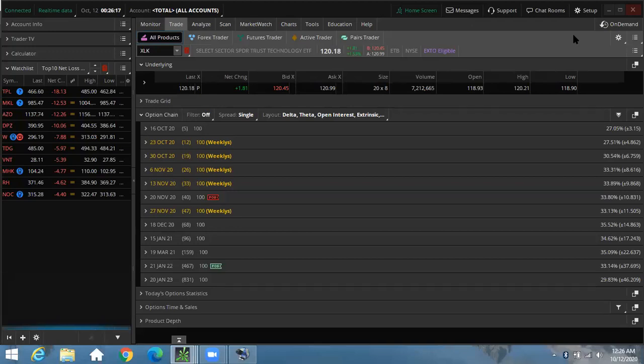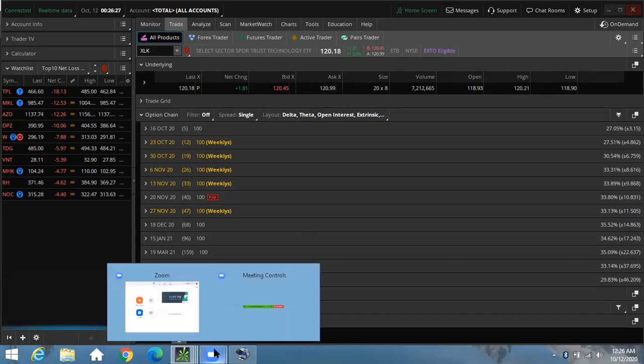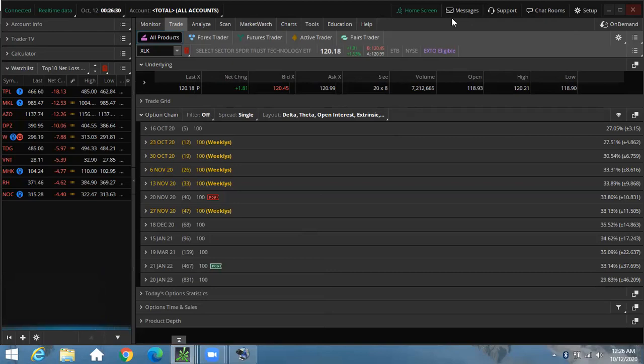Now, in describing option contracts in the beginning, we said that option contracts represent 100 shares of stock. So if that's true and you buy a call option, it represents 100 shares of stock.